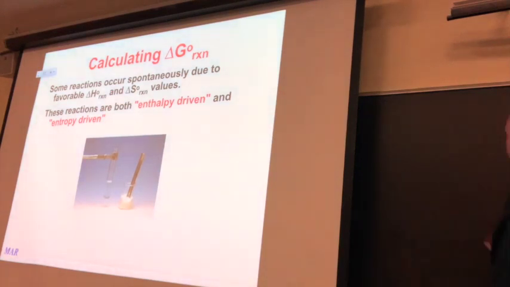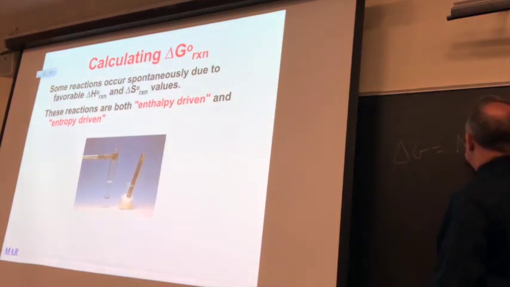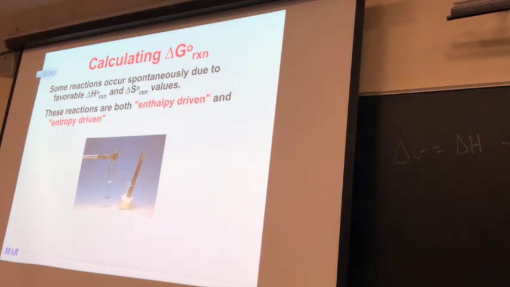So, like we had earlier, delta G equals delta H minus T delta S. Now, you're taking these two and adding or subtracting them from each other, and the goal is to get a negative delta G. So if delta H is negative and your delta S is positive, but you're multiplying it by the negative right there, then you have a negative term for delta H, and this whole thing becomes negative if delta S is positive, making delta G negative.